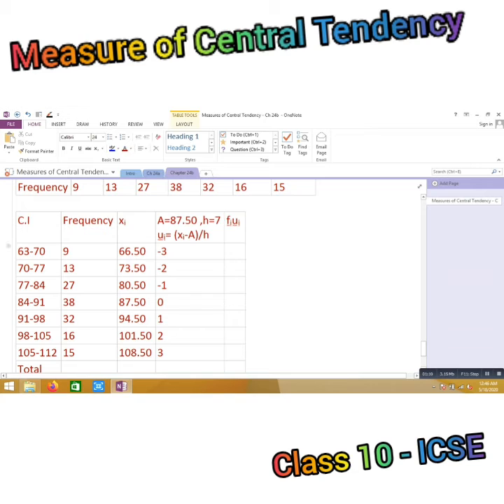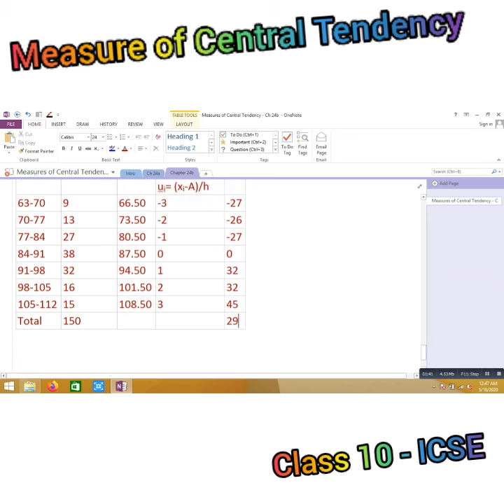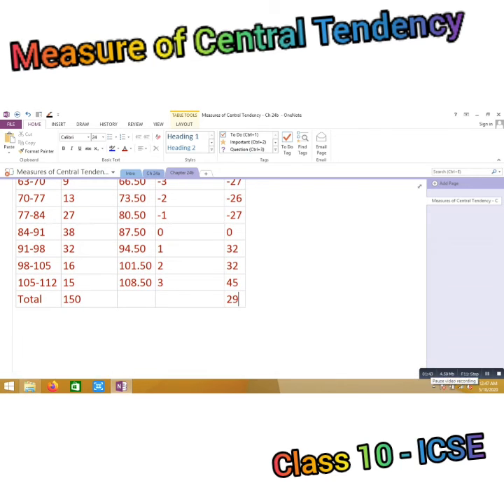Next we can find the product. 9 into minus 3 is minus 27, 13 into minus 2 minus 26, minus 27, 0, 32, 32 again, 45. We can calculate the total for the two columns, frequency and the final column, that is 150 and 29.